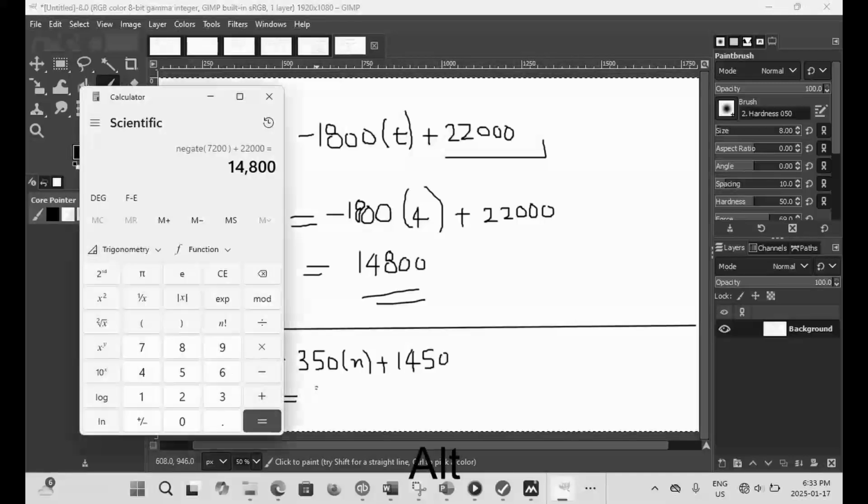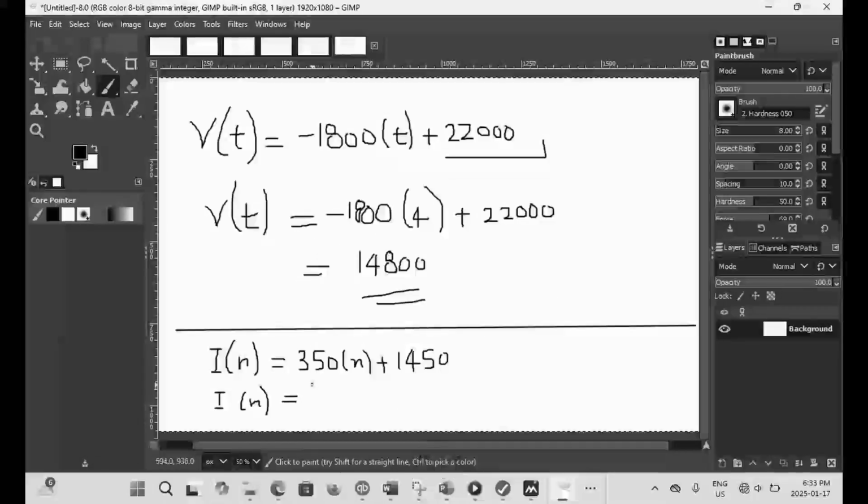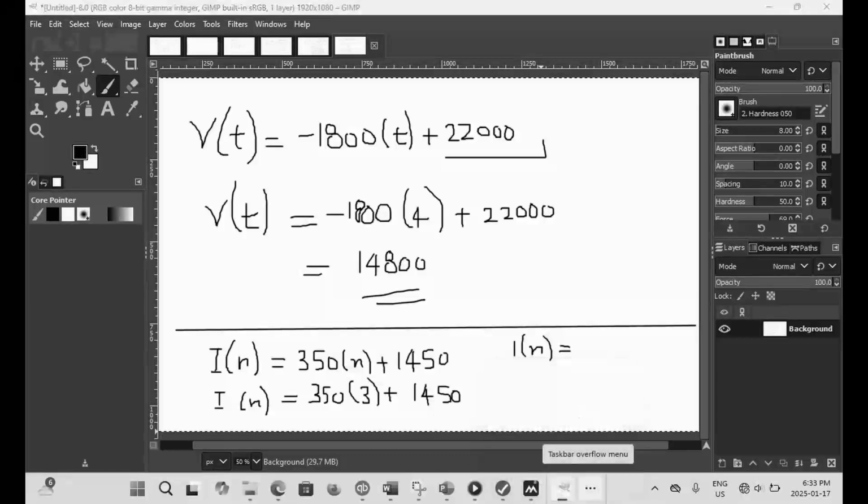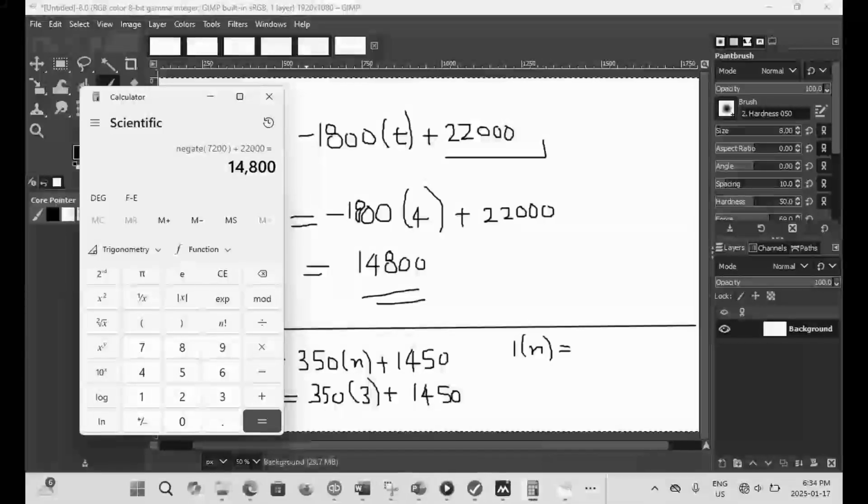Let's say we have 3 vehicles over here, so 350 into 3 plus 1450, which means your I at n will be 350 into 3 plus 1450.